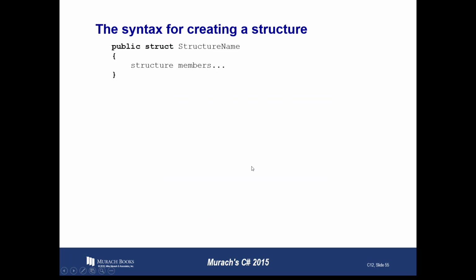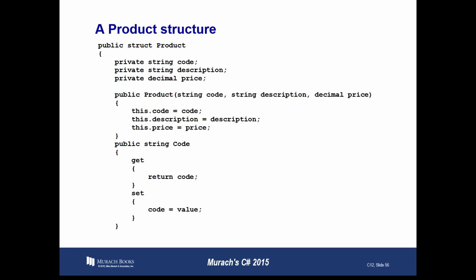Finally, the chapter ends with a talk about structures. Structures are similar to classes, but unlike classes, they represent a value type and not a reference type. In many ways, this is a product structure. It sure looks a heck of a lot like our class, but instead of saying public class, it says public struct.